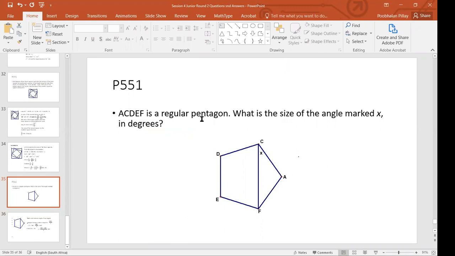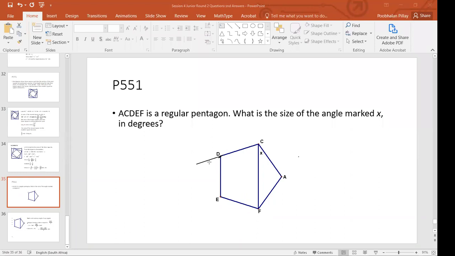Okay, look, we've done this thing before, with a regular figure. I've told you how to find all the angles of a regular polygon, right? If you went over that, you will see that the way to do that was the exterior angles, they're all equal, and they all add up to 360 degrees. So you've got 5 exterior angles, which add up to 360 degrees.